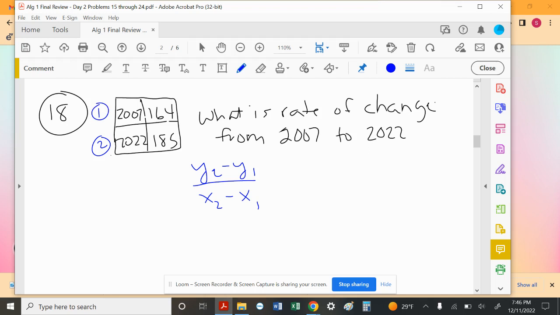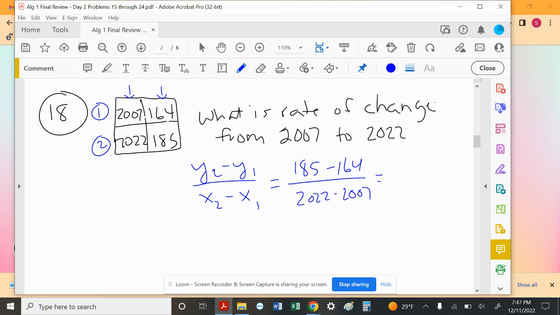You may not have a table. You may just have information. You can create your own table and make sure that it matches up with the proper year and the proper number. X's are usually the years, so just kind of keep that in mind. But in here, we're going to have 185 minus 164 over 2022 minus 2007.